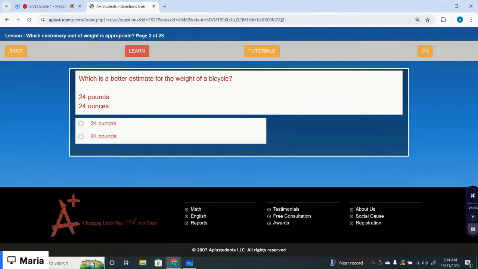Which is a better estimate for the weight of a bicycle? 24 pounds, 24 ounces.